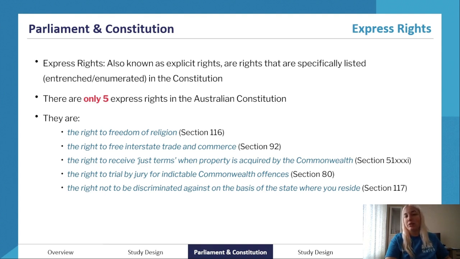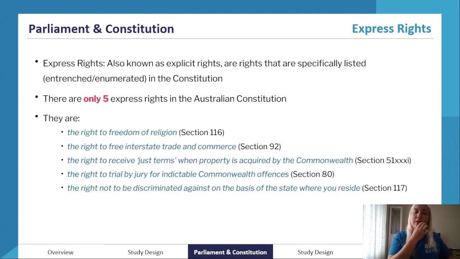And similarly, that means they cannot be abolished without a referendum. So, meaning we have all of these protections for us. However, we only have 5. So these include the right to freedom of religion, which includes section 116. This means that you need to be able to discuss all of them and know all of them in their sections, guys.